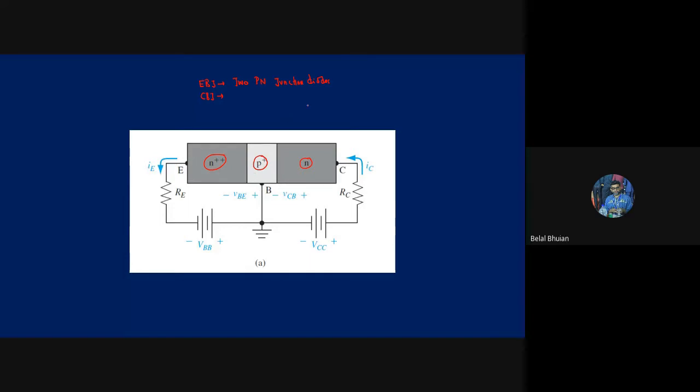They are called saturation, cutoff, active, and reverse active, which we don't usually consider. Now we have the connection diagram where the BJT is operated in the active region.